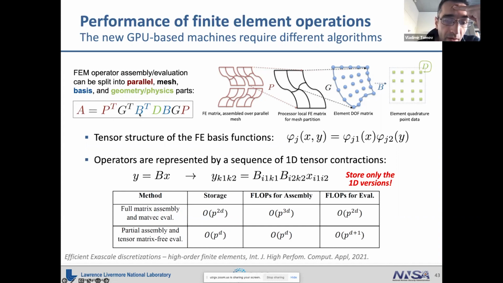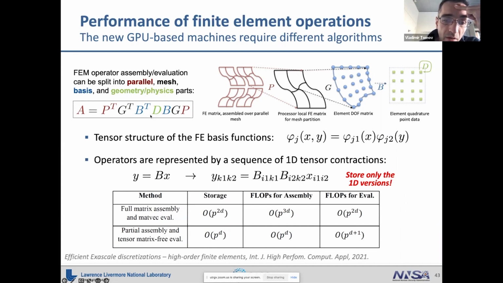So you can take the different parts. P is going from the parallel partitioning to your local process. G is going from your local mesh to one cell. B then is taking the cell, going from the basis functions to quadrature points, for example, evaluation of the basis function on the cell at quadrature points.